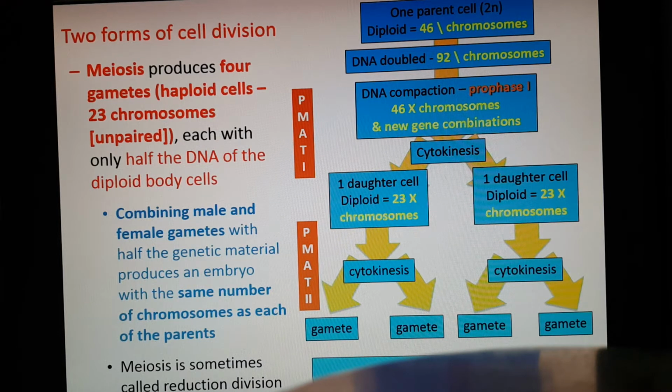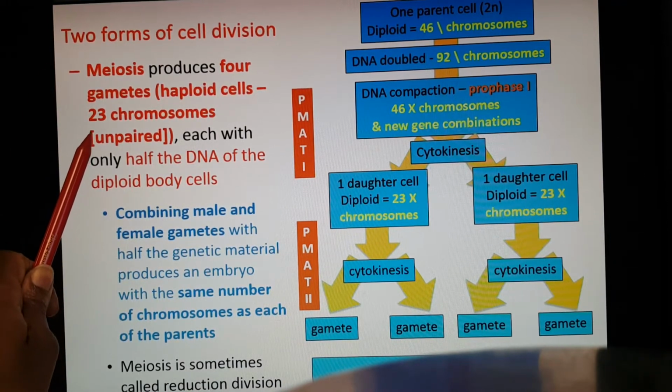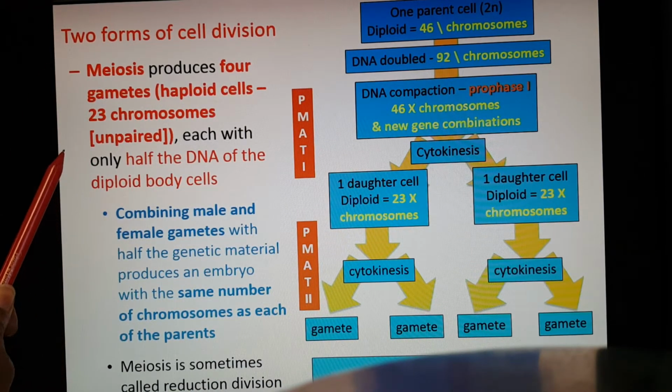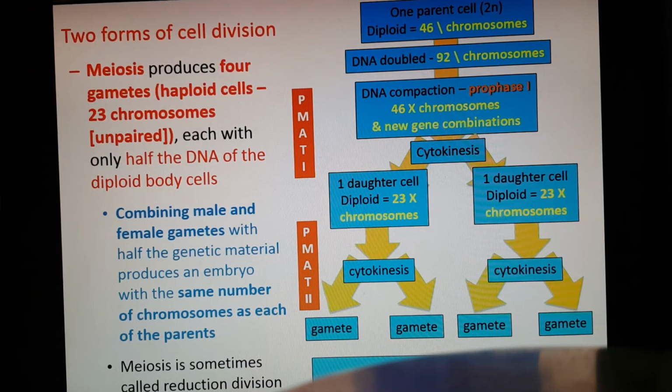So the reason for ending up with gametes that have 23 chromosomes, but now they're unpaired, is so that when the two gametes meet during fertilization, 23 unpaired from one parent, 23 unpaired from the other parent, combines to have your original 46 single-stranded chromosomes inside the zygote, and that way it keeps the same number of chromosomes as the parents.